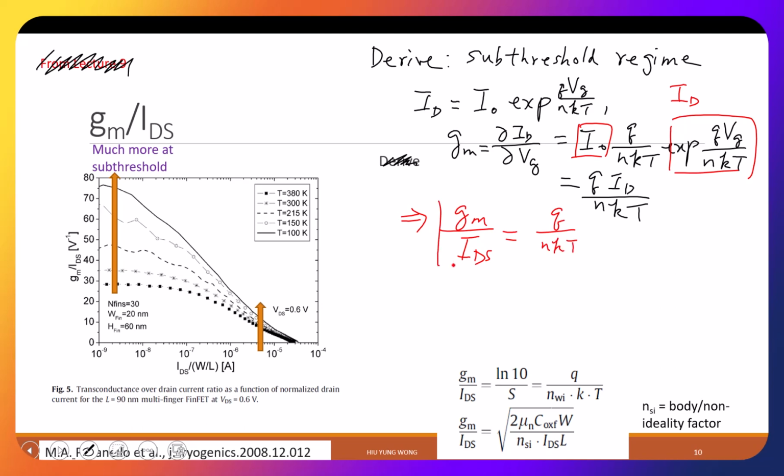This is very interesting. No matter what transistor you have, this is like a bipolar transistor. The ratio between GM and ID depends on Q and T only. It doesn't depend on how you design your transistor. So people say, I get a very large ID, but from an energy perspective, you need a lot of energy in order to get large GM.